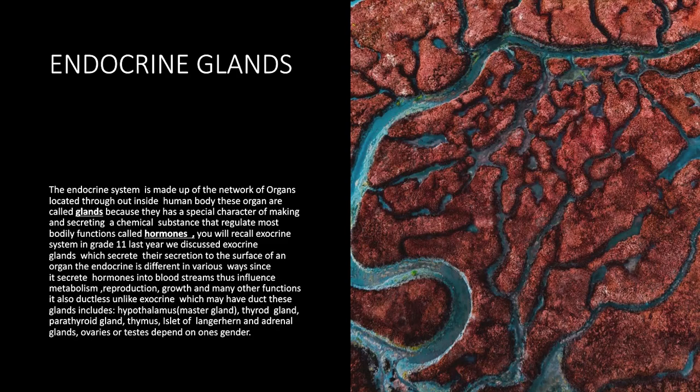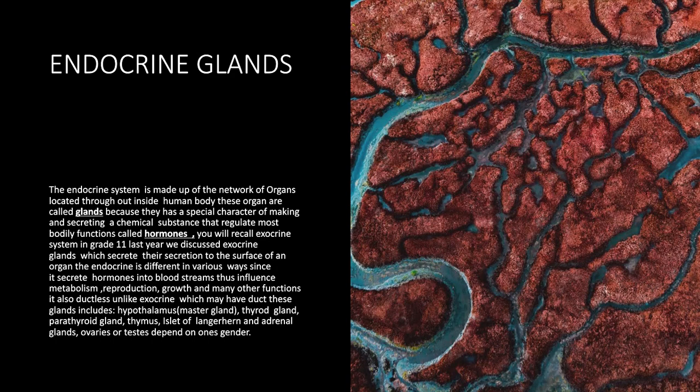Before we go further, I decided that we revise glands and explain a little bit further about endocrine glands so we understand and you are able to differentiate between exocrine and endocrine. The endocrine system is made up of a network of organs located throughout the inside of the human body.